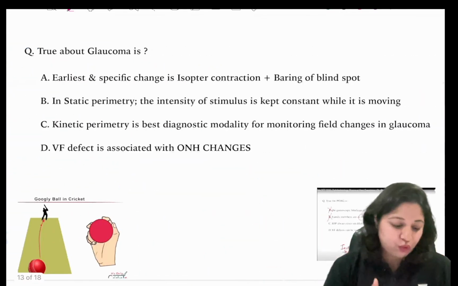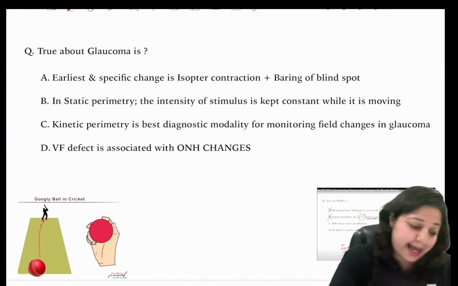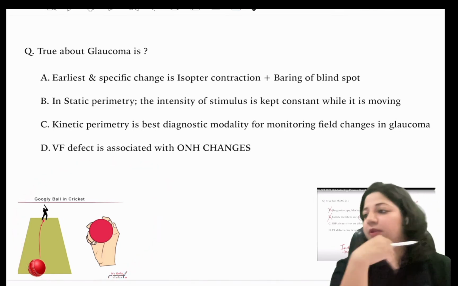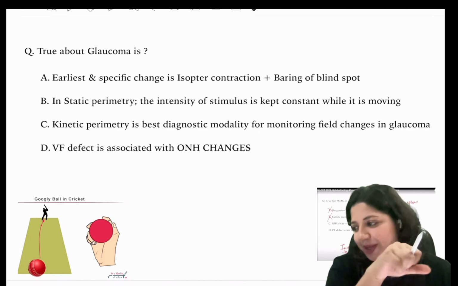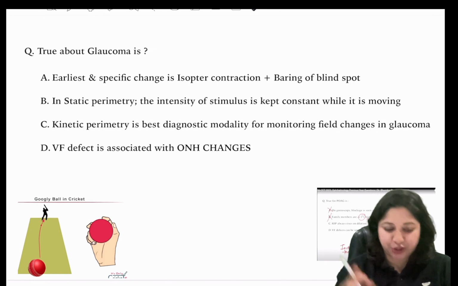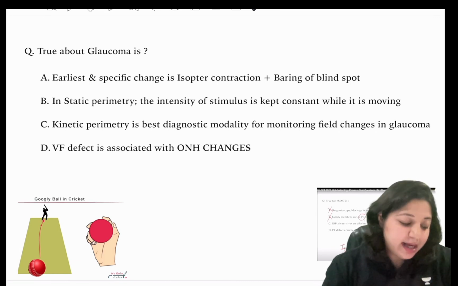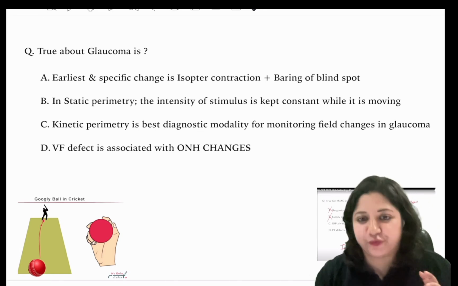All right. So then we go to the next one. Now it says, true about glaucoma is, and I have a big thing shown here. This was a googly question. Why am I saying this was a googly question? Now let's see what it is talking about. This is talking about the earliest and the specific changes, isopter contraction and baring of the blind spot.